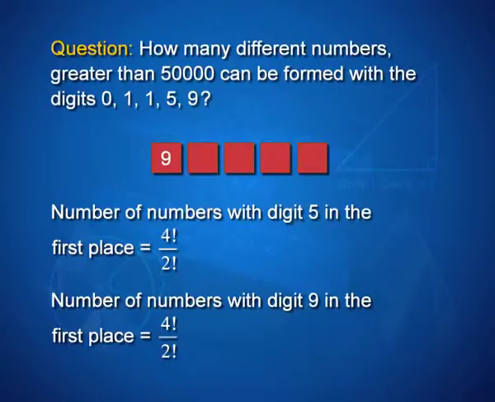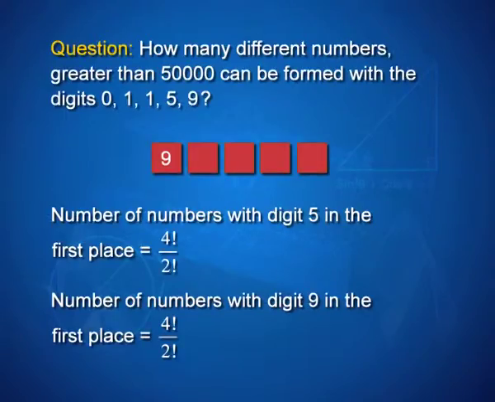Well, we have 4 digits left, and in those 4 digits 2 are repeated, there were 2 ones. So, with 5 in the first place, the total number of such numbers that can be formed will be 4 factorial by 2 factorial. Similarly, when 9 goes in the first place, again you have 2 ones and the other 2 digits are distinct.